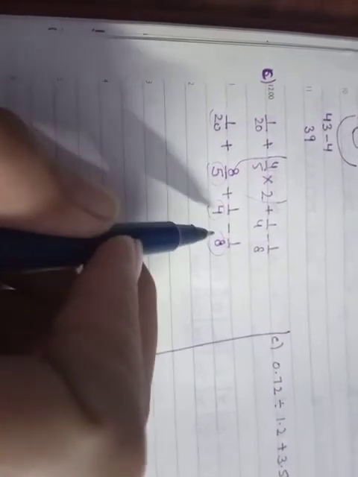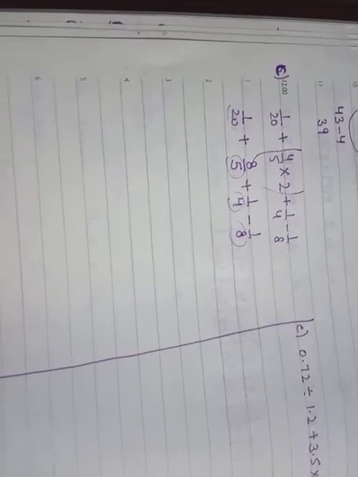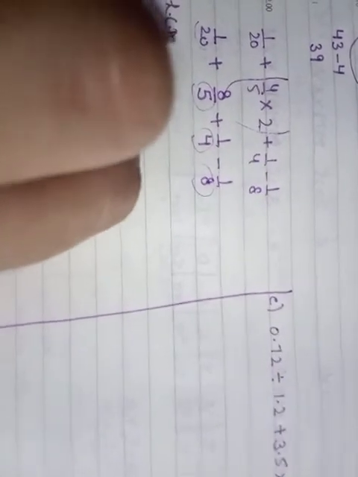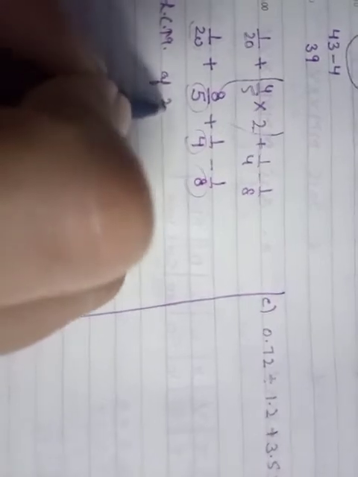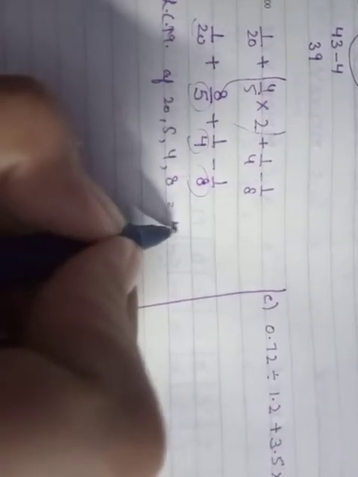When you find the LCM, do it in the rough work. When you find the LCM of these numbers, the LCM will be 40. LCM of 5, 4, 8 is equal to 40.